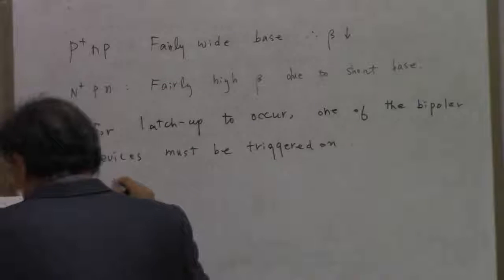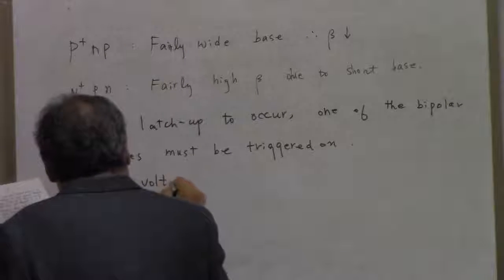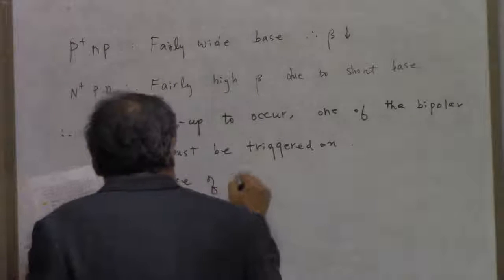Number one is the overall voltage of VDD.